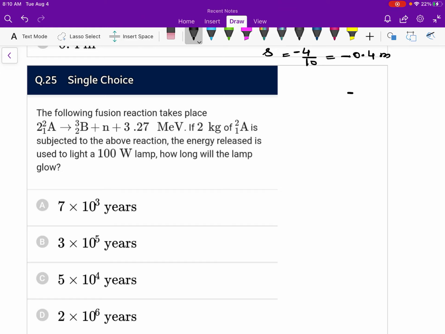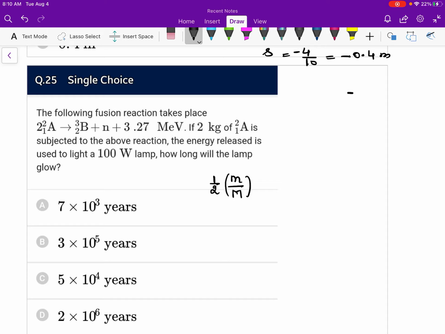Okay, so let's say mass m of 1H2 is used. So number of moles is small m upon capital M, the molar mass. Since 2 moles are utilized in one reaction, so into half, these are the number of reactions.